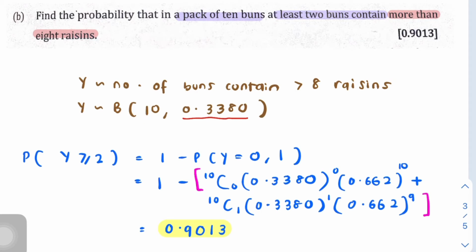So use the complement event: 1 minus the probability that Y is 0 and also 1. So just add these two probabilities. You have to substitute into the binomial formula 2 times. The first one when Y is 0. The second one is when Y is 1. Using p equal to 0.3380, your answer will be 0.9013.